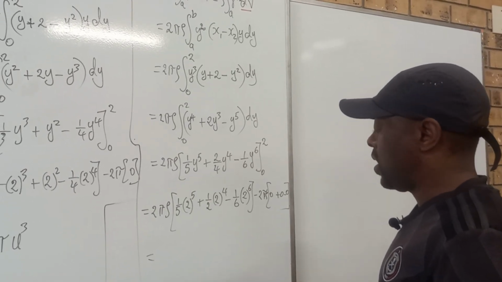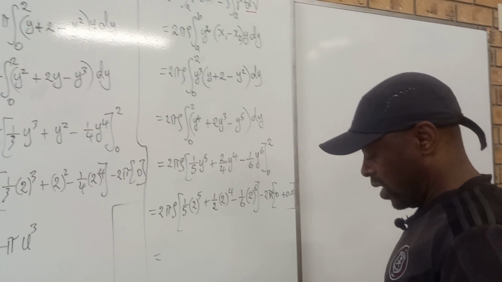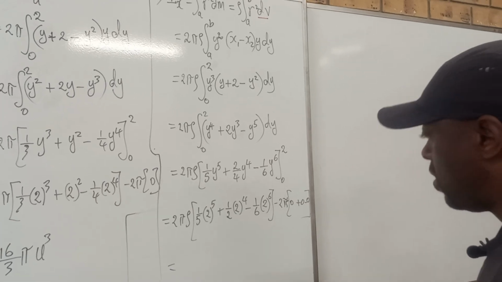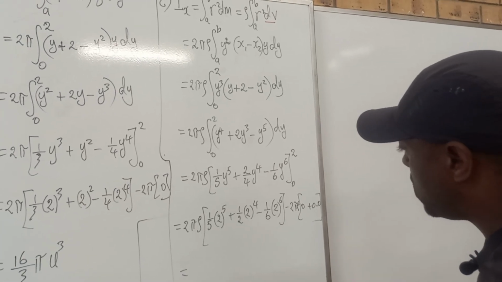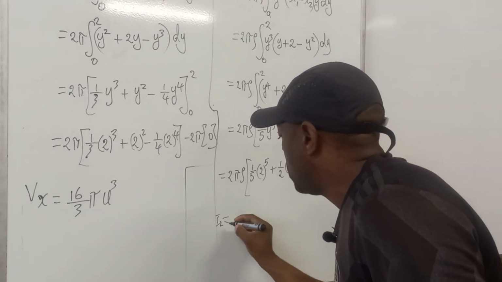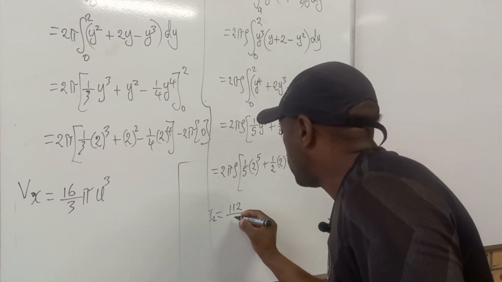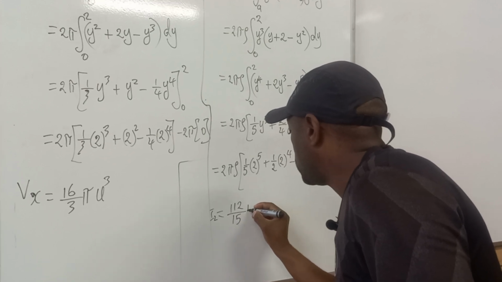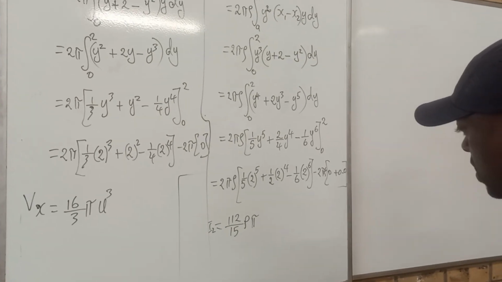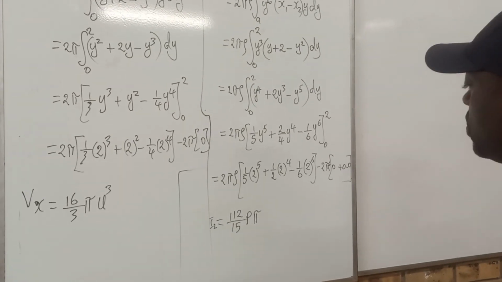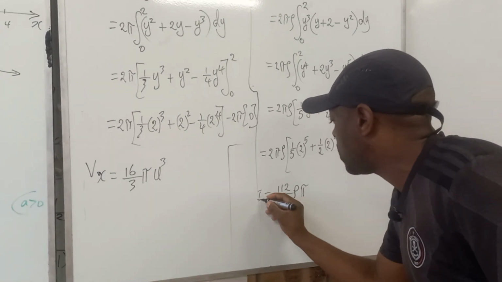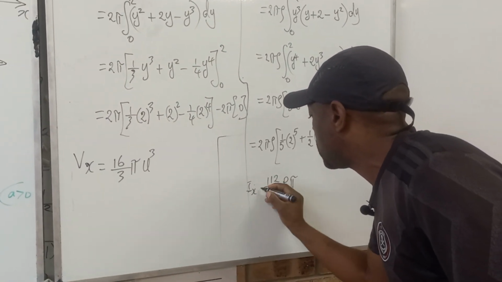Then I multiply this by 2 pi, that gives me 112 over 15 density pi. So my moment of inertia is 112 over 15 density pi. So I hope that's what I got. Yeah, 112 over 15 density pi. So that's my moment of inertia that I've written there.